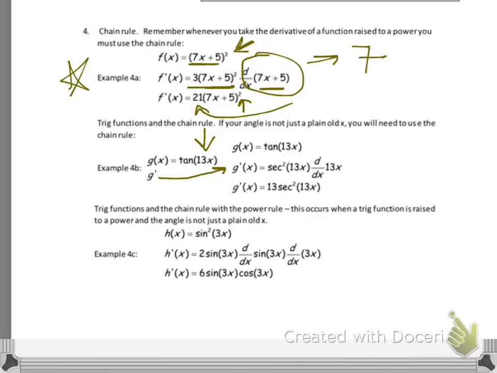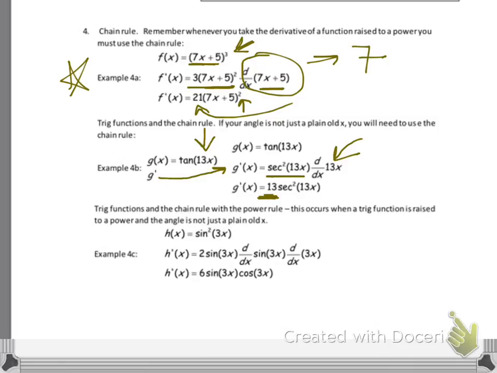So look, take the derivative of tan 13x and you get secant squared 13x. But you are not done. Here is the chain rule. The derivative of 13x is 13. Bring that 13 up in front, and now you are done. If you have no power, you should have just one trig function in your answer.